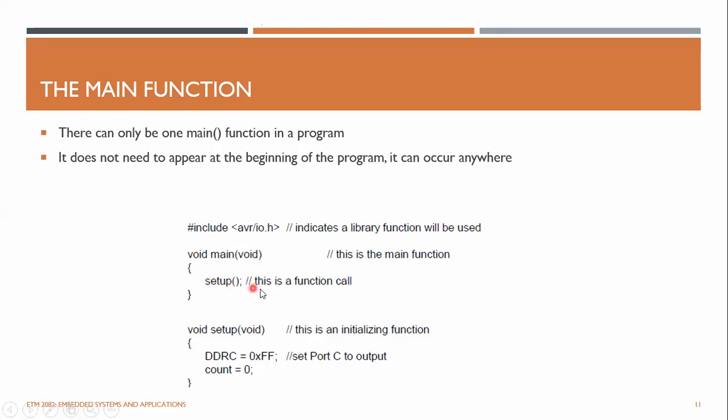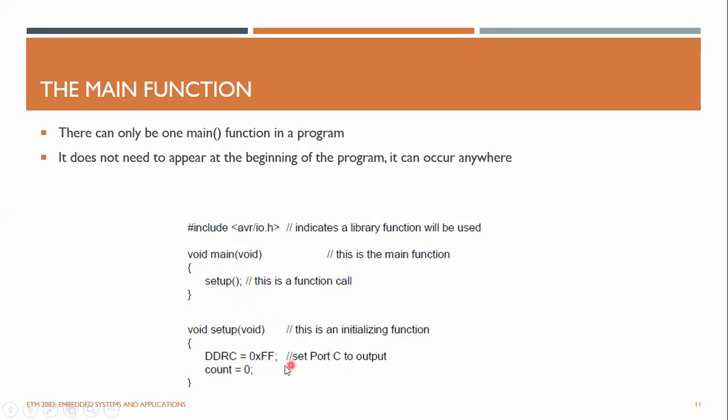Once you jump into the main function, there's another function called setup. That is to initialize the inputs and outputs of a microcontroller. That's why we use the setup function. Once the main function is called, it will go to the setup function. In the setup function, it doesn't return anything or take any argument, so it is void.